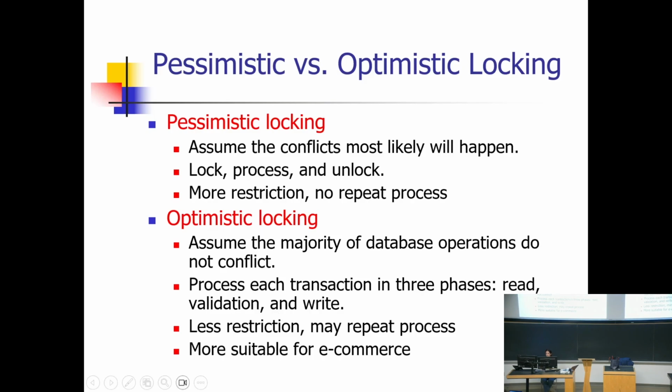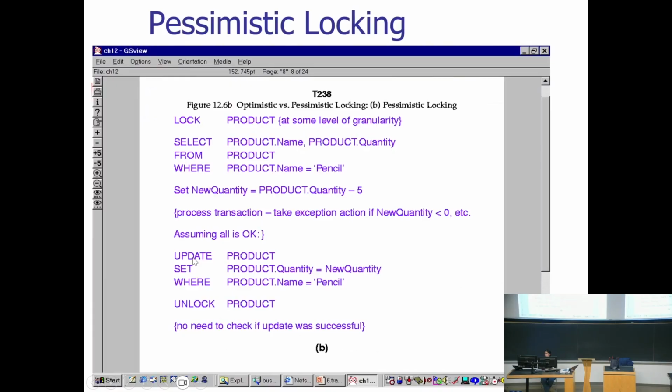So let's see the example of pessimistic locking and optimistic locking. As I mentioned, pessimistic locking assumes the worst, that conflicts always happen. So it says, okay, let's lock first, even before you read the data. After the lock, we can safely read the quantity and compute the new value, which is reduced by 5.